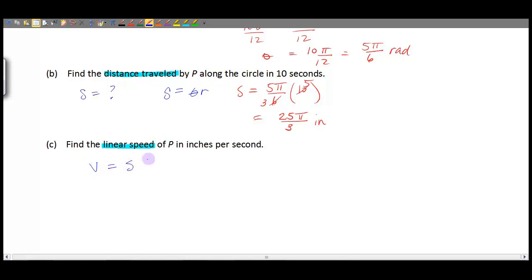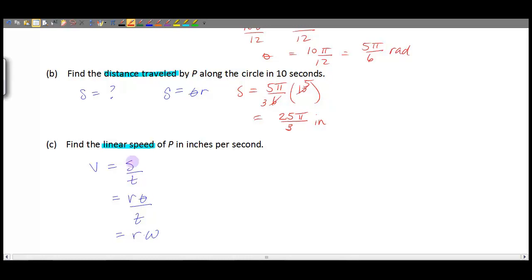Velocity is equal to S divided by T. It's also equal to R theta divided by T. And finally, it's equal to R W. It doesn't really matter which one of these formulas we use at this point, because this question comes at the end of all the information we have found. We know S, T, R, theta, and W.